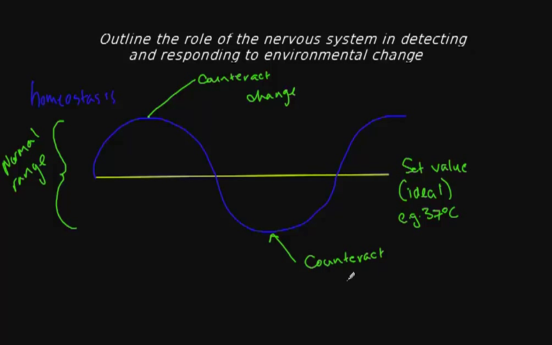If the body got too cold, the body begins to shiver. It's very important that we look at homeostasis as two things occurring: a detection of change in the body and a counteraction of that change.